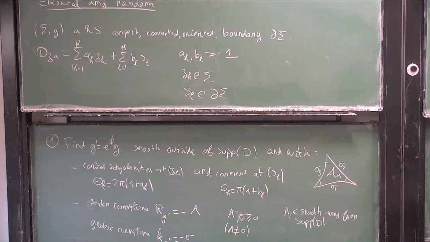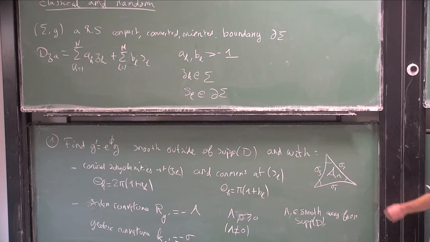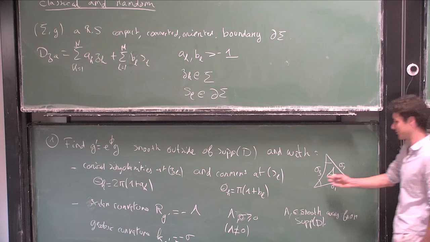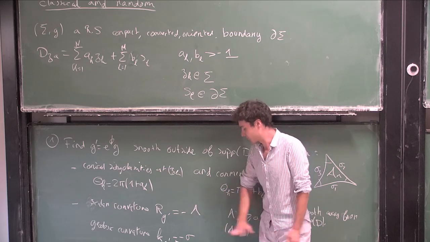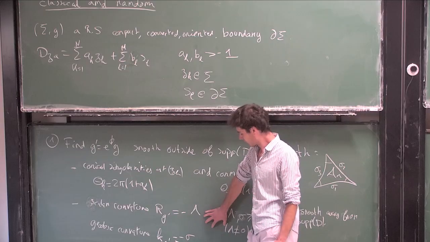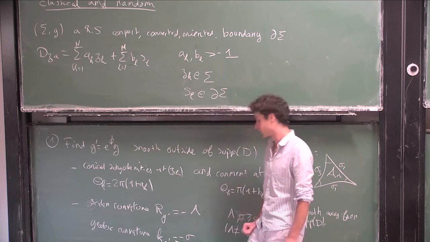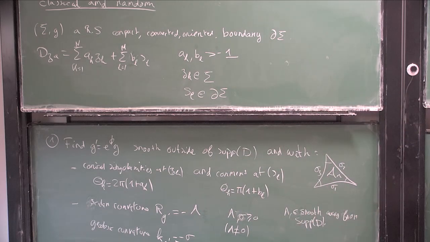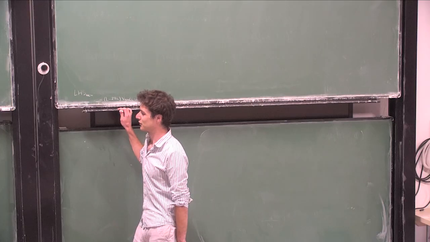It is related to uniformization of Riemann surfaces: you want to find a complete hyperbolic metric on your surface, and you want the boundary to be geodesic. Yeah, I will come back to that later. So this is the classical problem that we will be interested in.